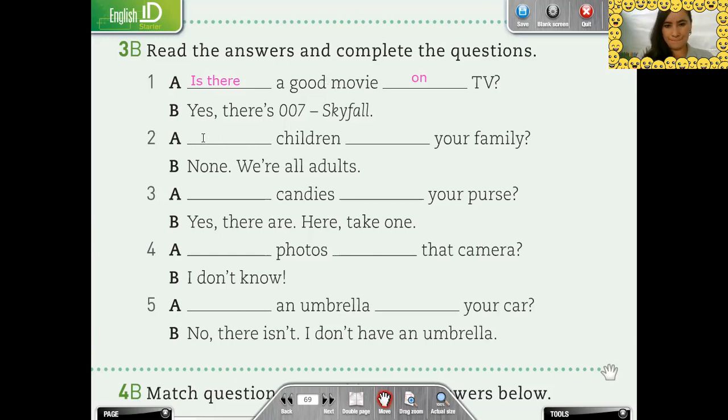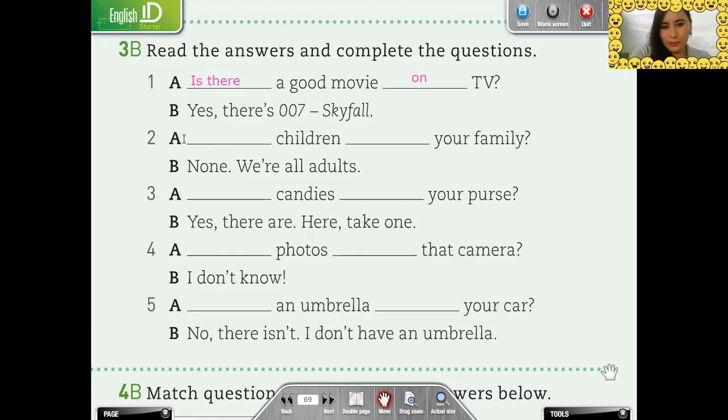Number 2. How many children do you have in your family? You can say, I'm confused on number 2 because I have 2 options to ask. Remember, we are talking about demonstrative pronouns in this case, right?